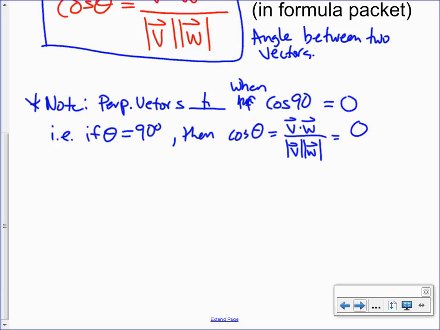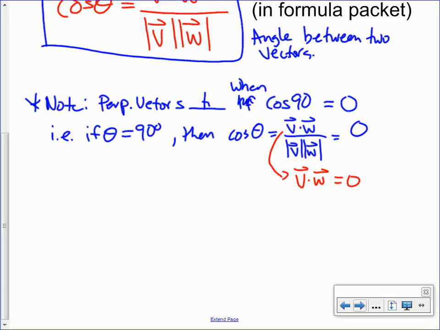In other words, B dot W has to be 0, because when B dot W is 0, then the vectors are perpendicular, right?